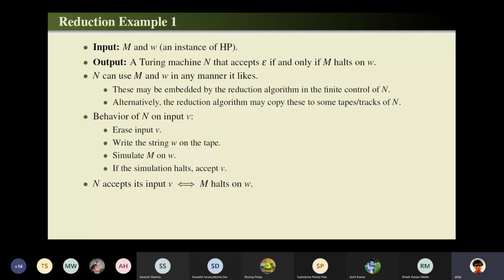N accepts its input if and only if M halts on W. You can see that if M halts on W, the simulation halts, and then you are going to accept V. And if the simulation does not halt, this machine N will continue to stay in phase 3. It will never make any accept or reject decision. So that's what is meant by: N accepts its input V if and only if M halts on W.